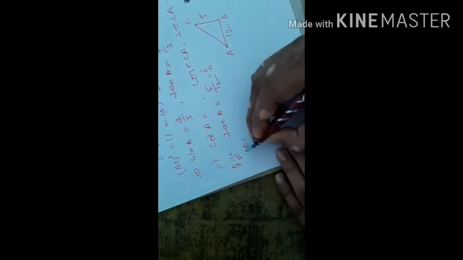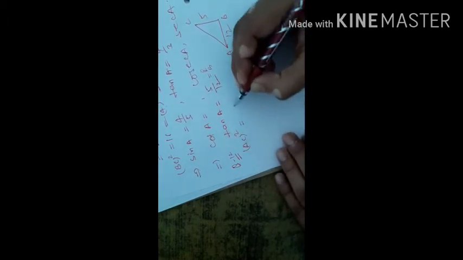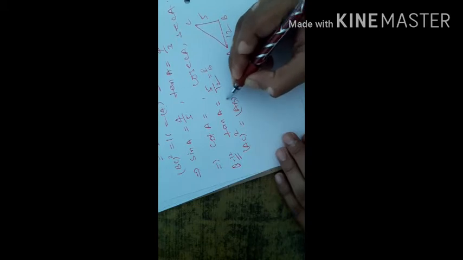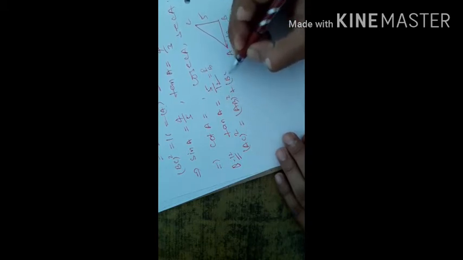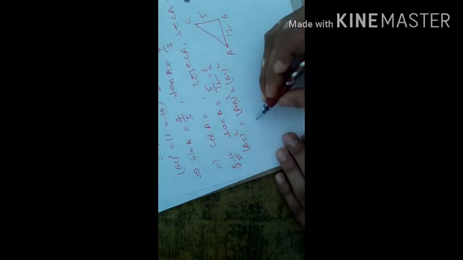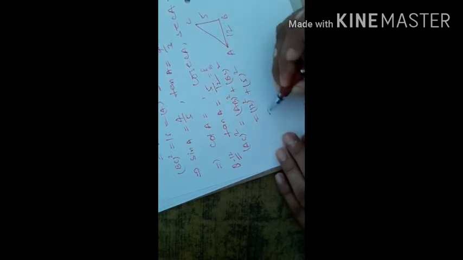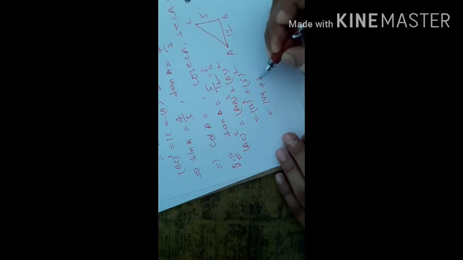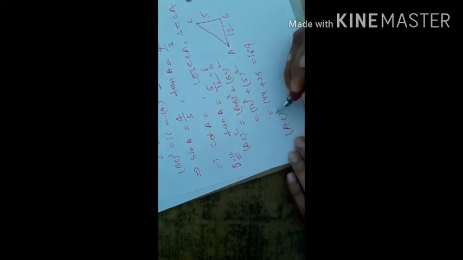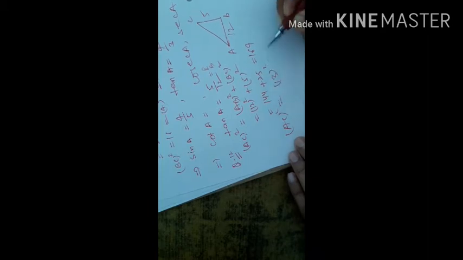Using Pythagoras theorem, AC square is equal to AB square plus BC square. That means 12 square plus 5 square means 144 plus 25, that is 169. So AC square is equal to 13 square, that means AC is equal to 13. So the value of AC is 13.